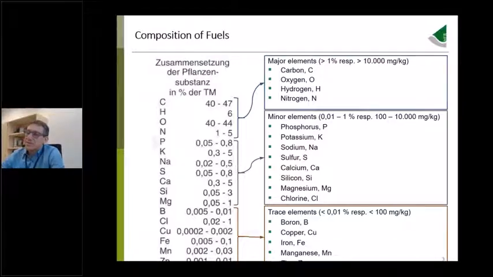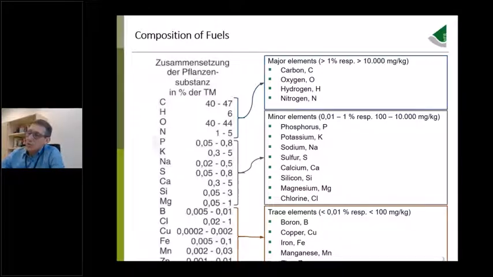Those are all the elements contained in wood in concentrations lower than 0.01%. Those elements are mainly the heavy metals, and depending on the concentration, they are also known as toxic elements, which is the reason why we are concerned when we talk about trace elements.